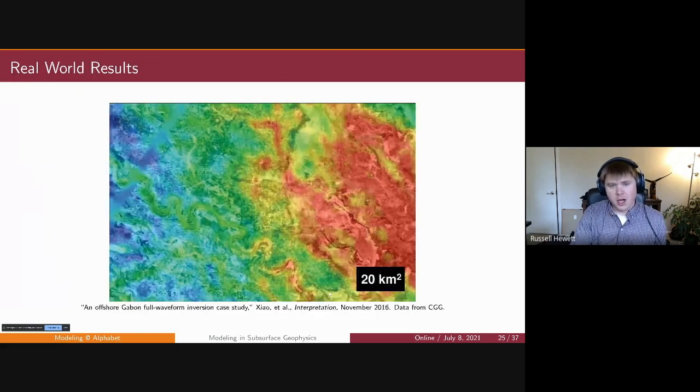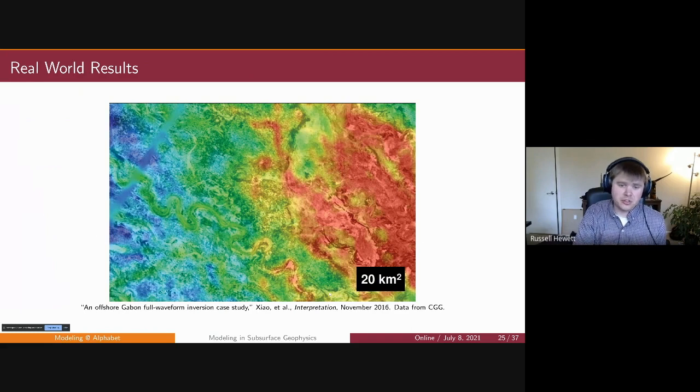Now, real-world results at reservoir or exploration scale are hard to come by. They're worth a lot of money, so companies don't publish them. There's a really nice one in this paper, though, that CGG released. This is an initial velocity model. That's the color map. Blue is about 1,600 meters per second, red is, I think, about 2,200, so this is a relatively slow depth.